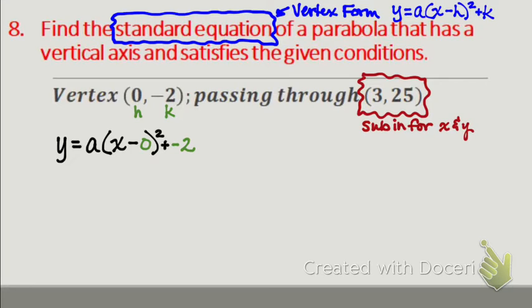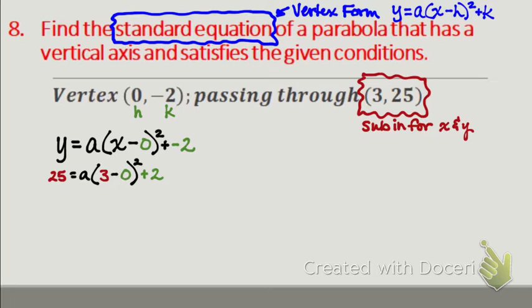And we're going to use that information to find our a value. So I'm going to put 25 in the place of y. I'm going to put 3 in the place of x. And then I've got that plus 2 on the end. And don't forget to square my parentheses here.